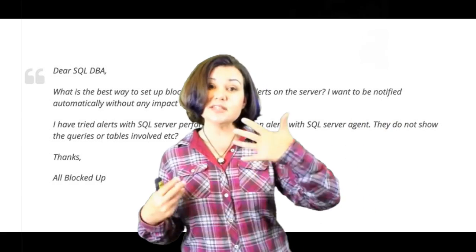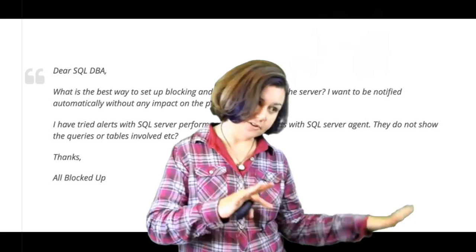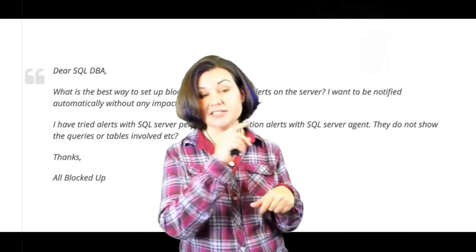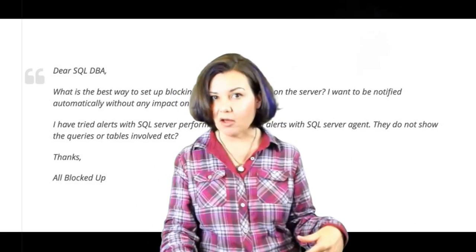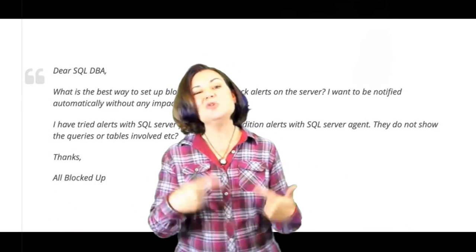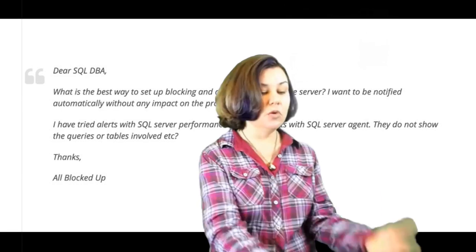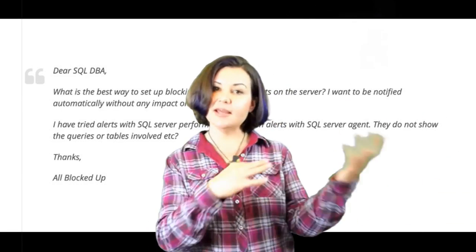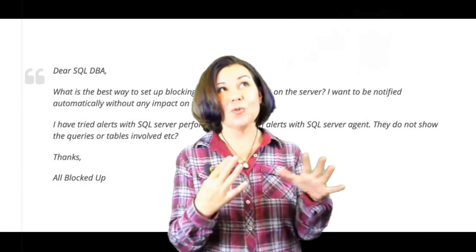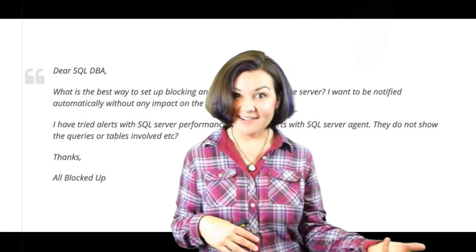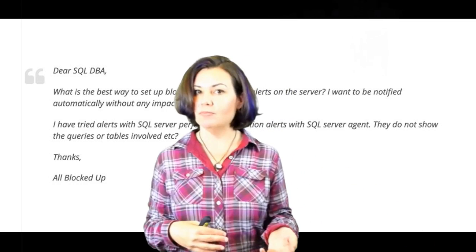So you set this up as a trace, either a server-side trace or an extended events trace, and it just saves it off to a file so that when you get that notification, you go look at the SQL Server, you open up your trace and say, was there blocking? And who was blocking whom.